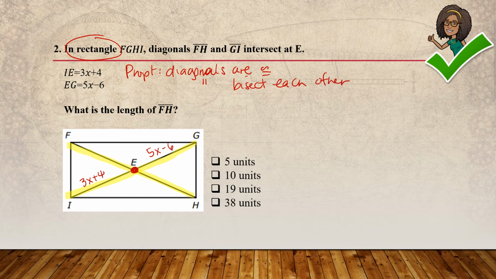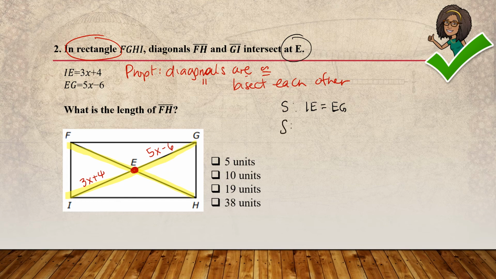So we can set up some equations here. The first equation that we can set up is that segment IE is going to be equal to segment EG because we have a bisector point right here of E. It says it intersects at E. And if the two diagonals bisect each other, then that means that these two segments IE and EG are equal.